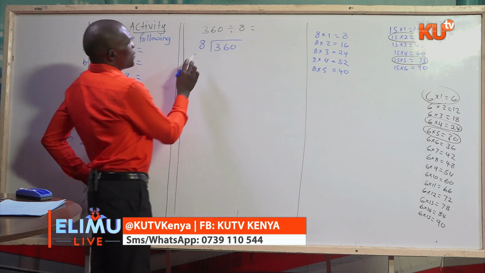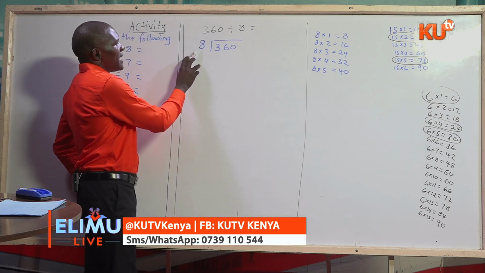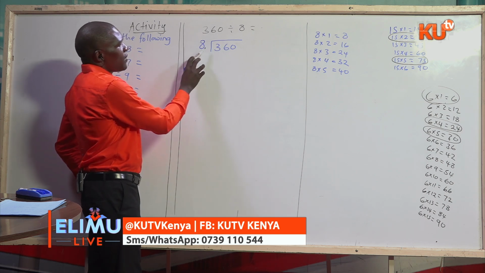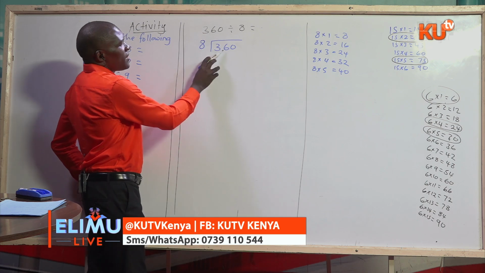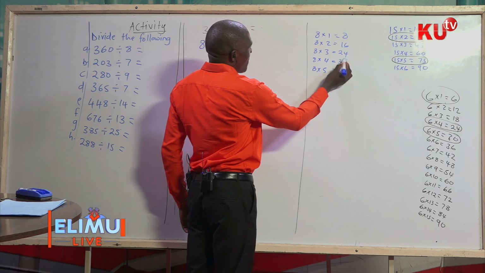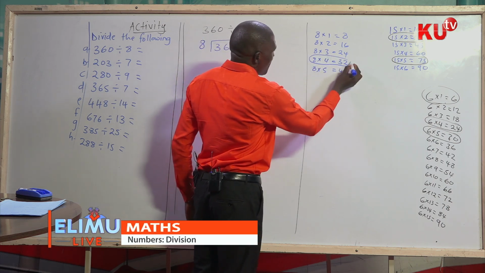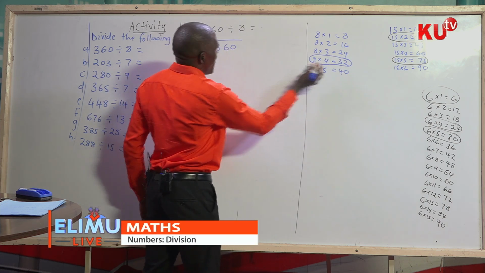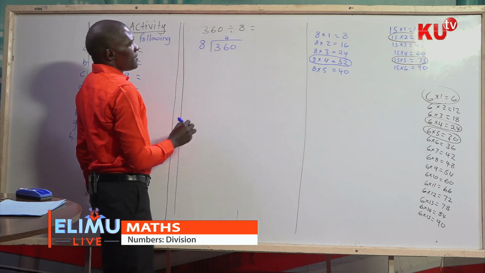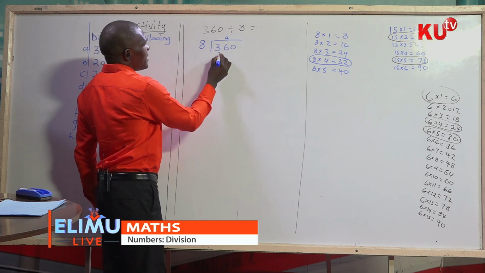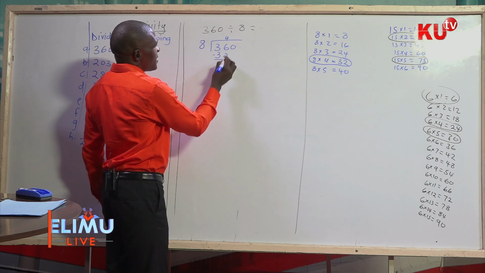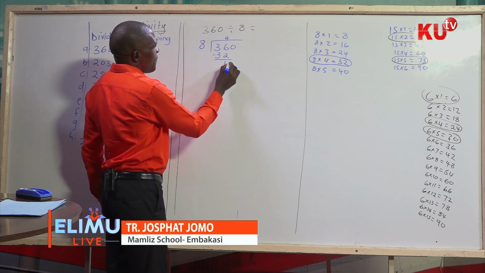Then you move to your table. Which number can you multiply by 8 to give you 36? We do not have exactly 36, but we have a number that is nearer, which is 4. Put there 4. 4 times 8, that is 32. Then subtract 6 minus 2, you get 4.